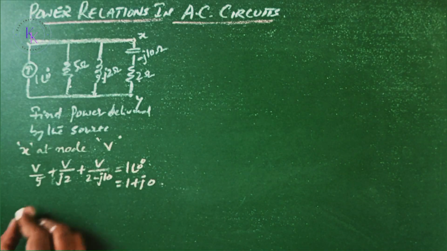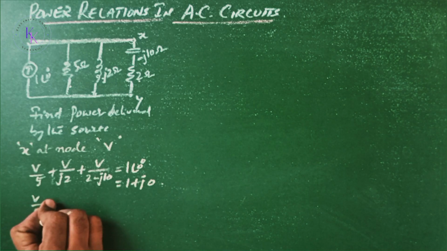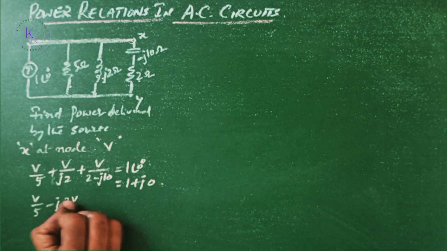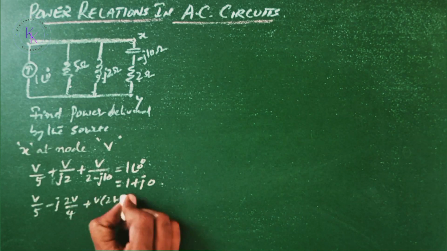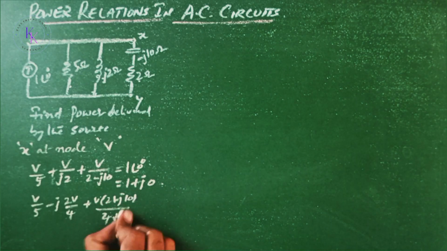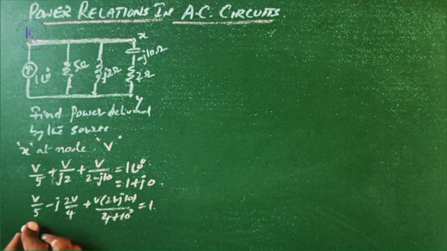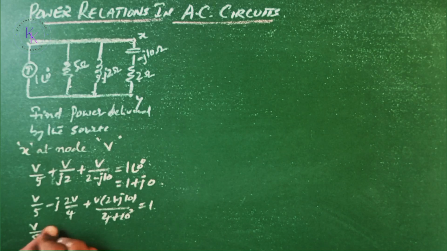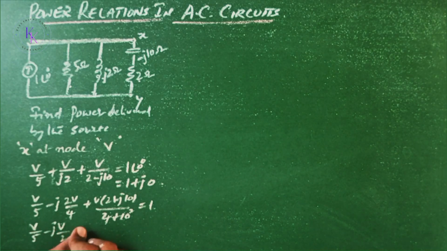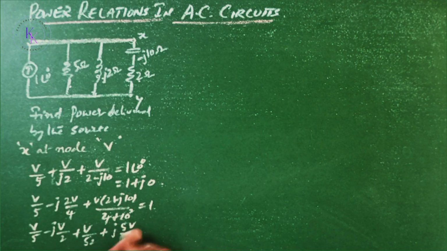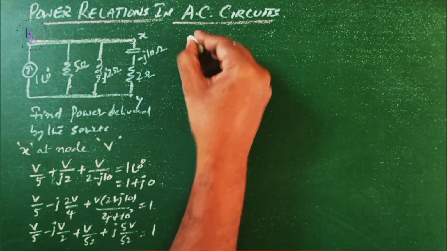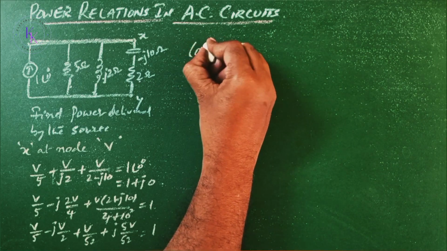Now solve this and we get V by 5 minus j2V by 4 plus V(2 plus j10) divided by 4 plus 10 square, which equals 1. Then V by 5 minus jV by 2 plus V by 52 plus j5V by 52 equals 1.